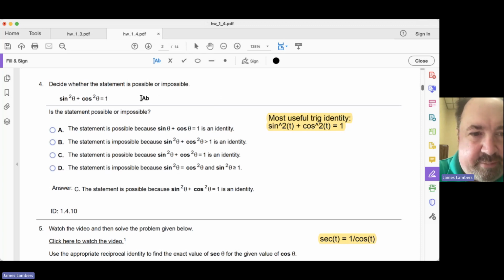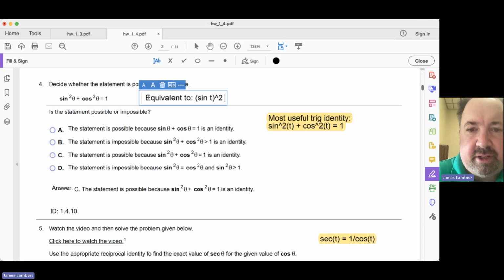So this statement, sine squared theta plus cosine squared theta is equal to 1, is equivalent to, I take sine, I'll use t in place of theta, sine t squared plus cosine t squared is equal to 1.